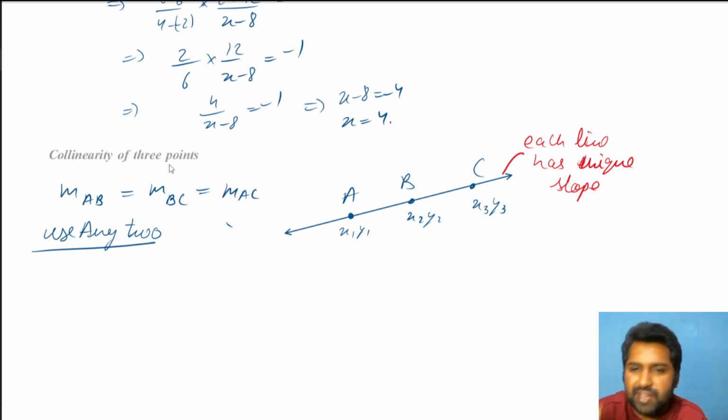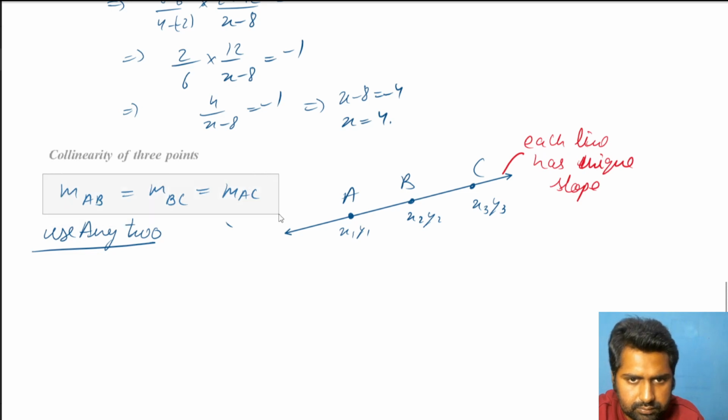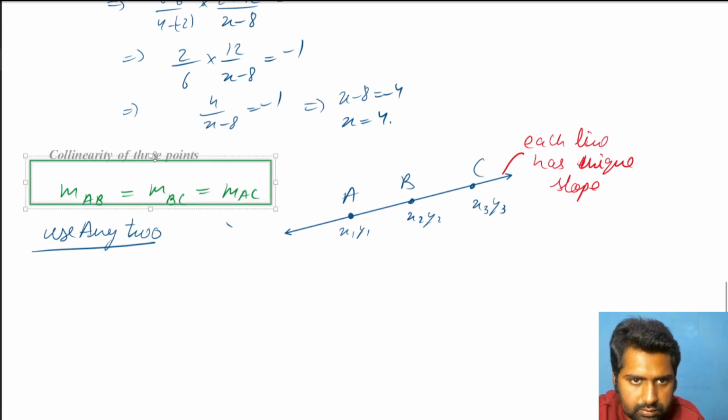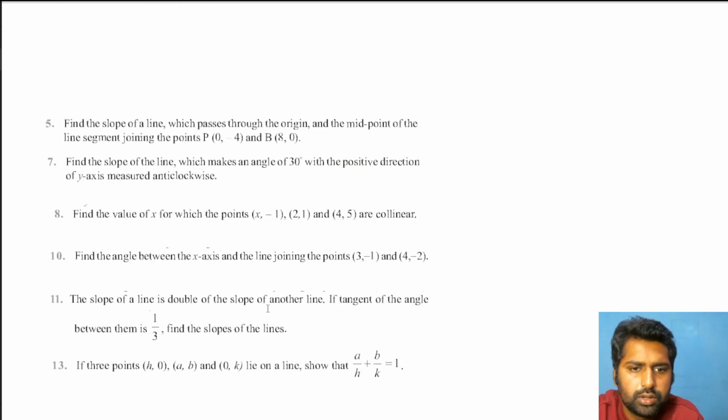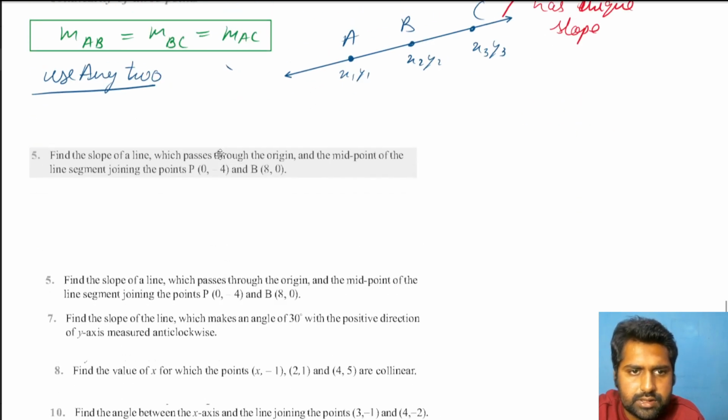He'll give you some variable and then ask you to find the value of x or y accordingly, so that the points are collinear. Okay, anyway, I've given you the basic condition. Let's put it in a box. All right, use any two. Okay, we are done with this.